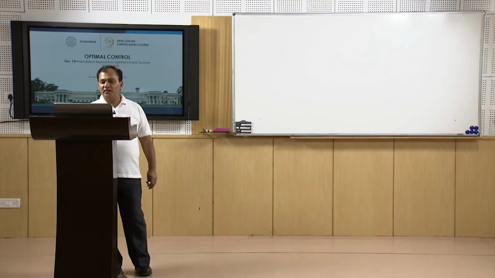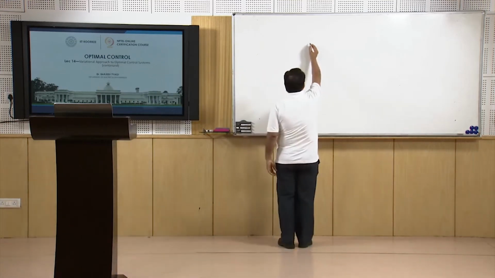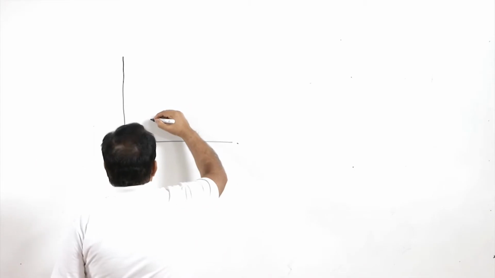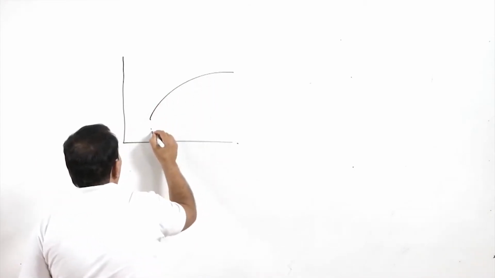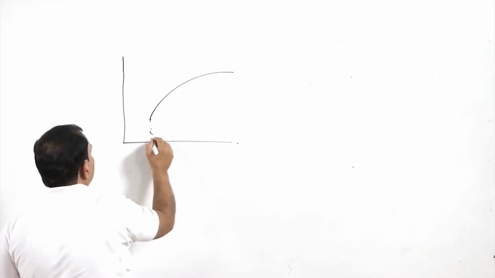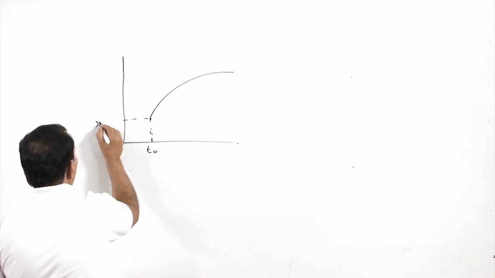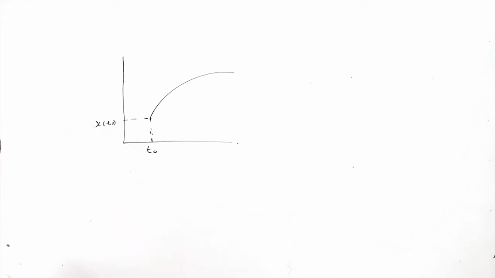If we take the different systems, my first system is the fixed final time and the fixed final state system. We already have discussed this before. So, I am given T0, x(t0), this normally is given.